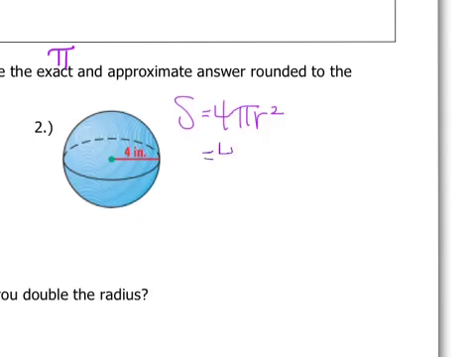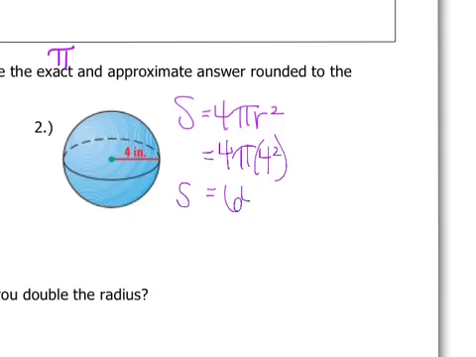Alrighty, for the second one, we can bring down our 4 pi. Our radius is 4, so square that. Lauren, what is your exact surface area? 64 pi.